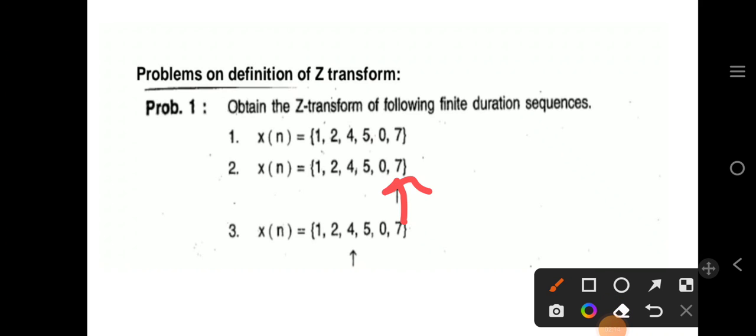It means if you plot all these values on the x-axis, the 0 will be here. So here we are going to use z raised to the power minus 1, 2, 3, 4, 5. The value at the 0th place is 7.